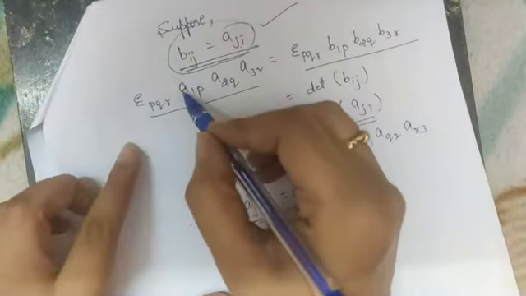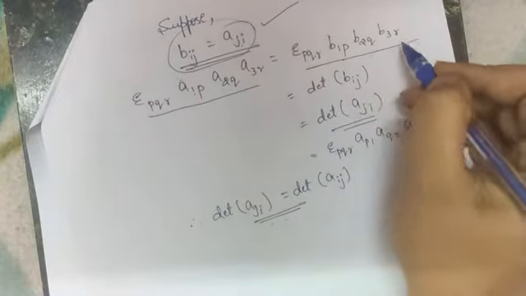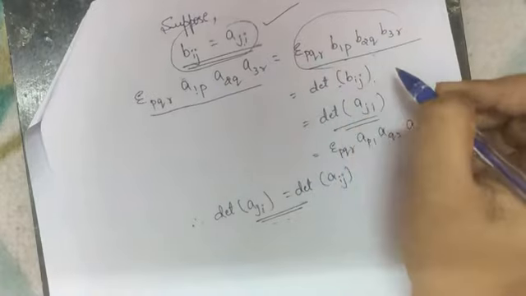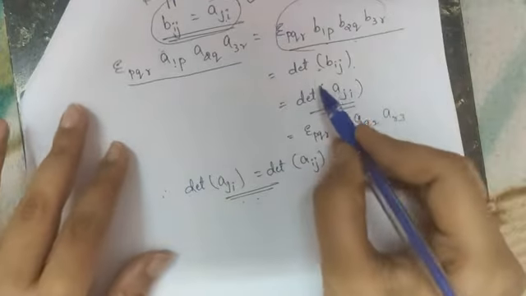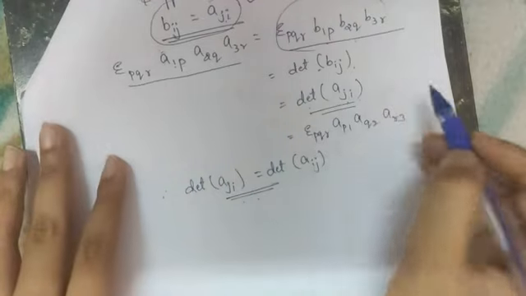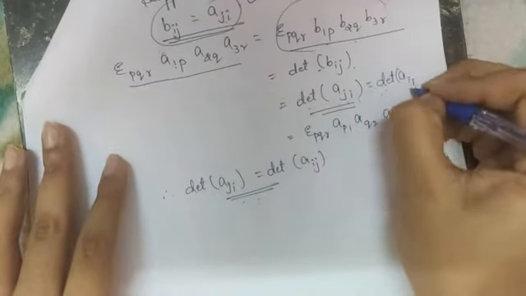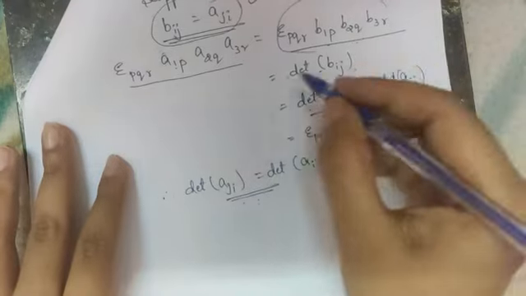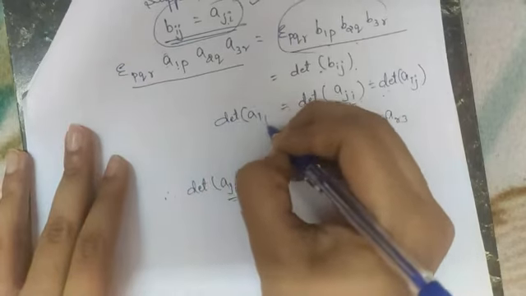If I change the vector A to B, I will get epsilon PQR B1P B2Q B3R. This is nothing but the determinant of Bij. Since we have assumed that Bij is equal to Aji, I can write the determinant of Aji. This is nothing but the determinant of Aij itself, because if you observe these steps in the LHS side, what I am having is Aij itself, right?